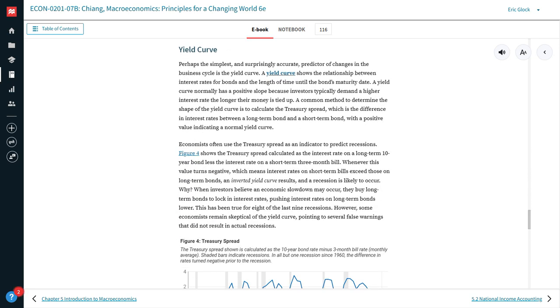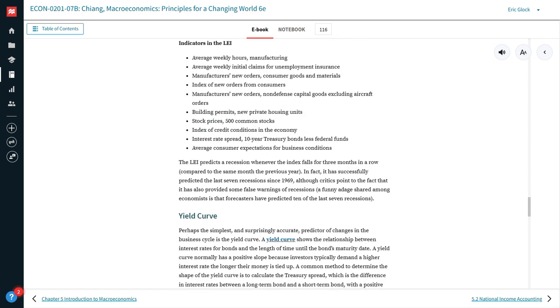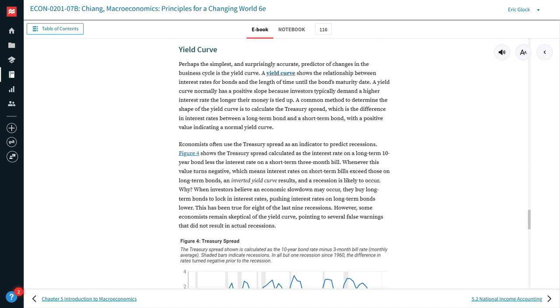Okay, so yield curve. This is a really interesting one. The reason this one stands out, this is important to realize, and I really want you to know this. This is what's different about the yield curve. Everything else is looking at what the economy is doing.